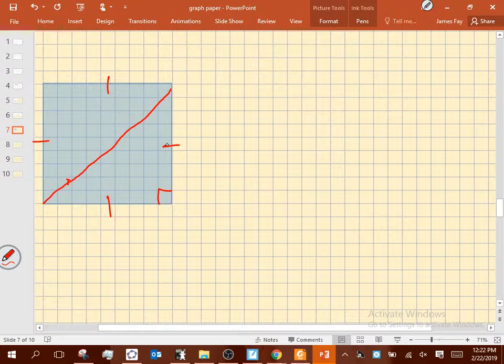So that's a rhombus, and we had a theorem that said the diagonals of a rhombus do what to opposite angles? What do the diagonals of a rhombus do to opposite angles? So that red diagonal, the angles that it touches, what is it doing to them?